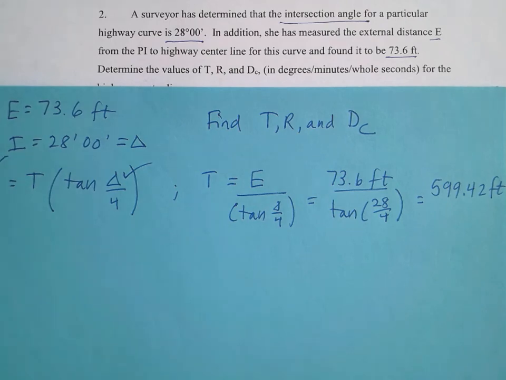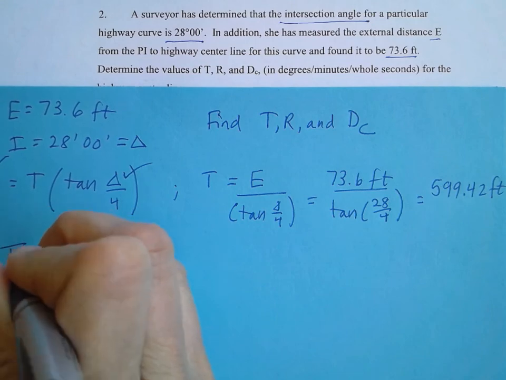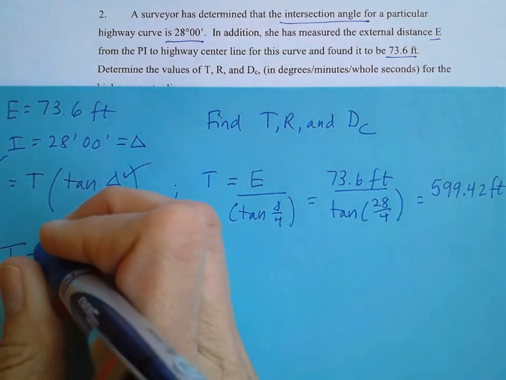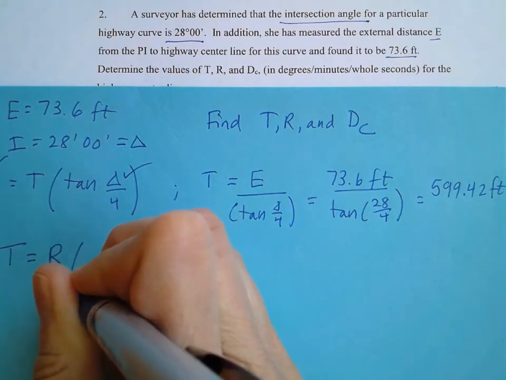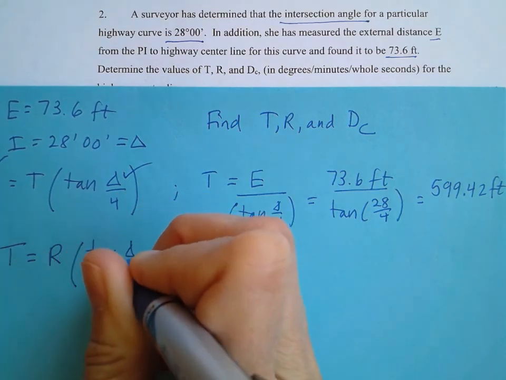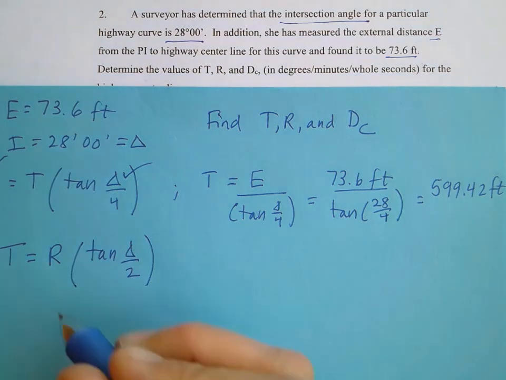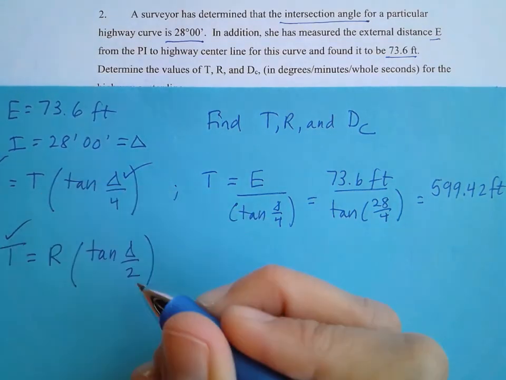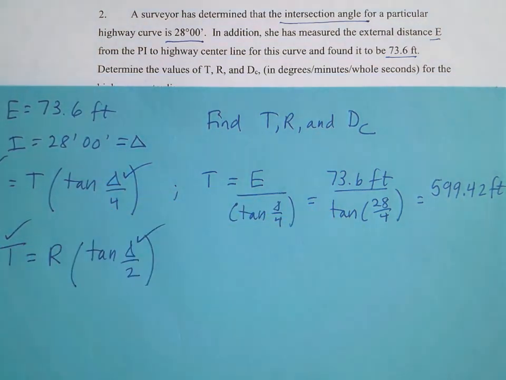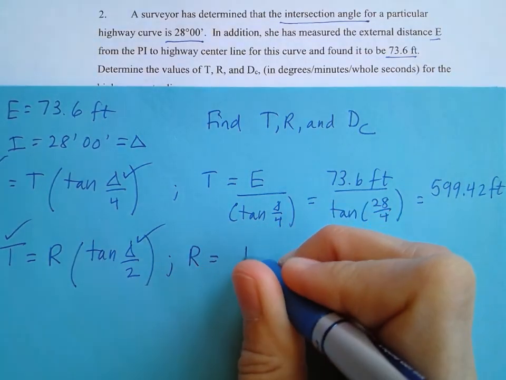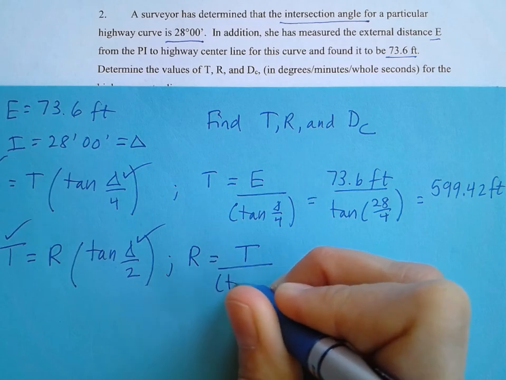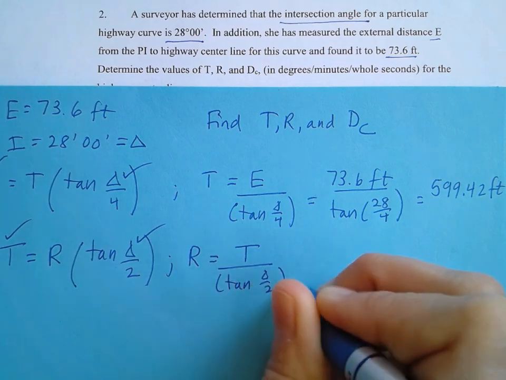The second one, we'll use that other relationship that involves tangent and radius. T equals R times the tangent of delta over 2. Again, we know T now, we know delta, so we need to find that R, we need to rewrite. R is equal to T over the tangent of delta over 2.